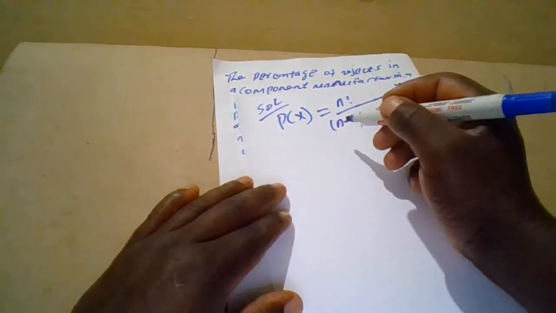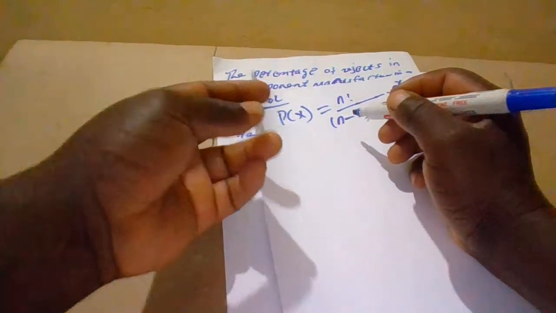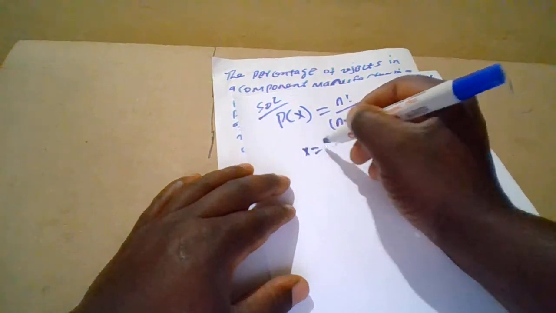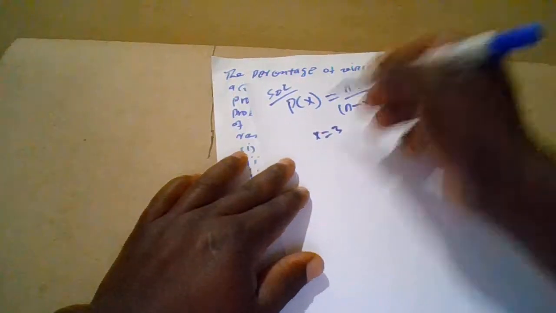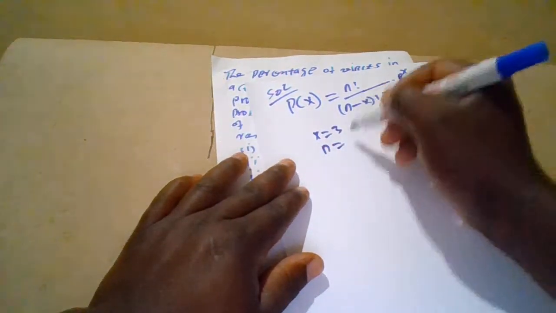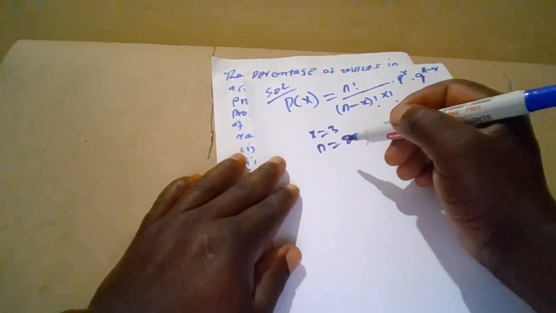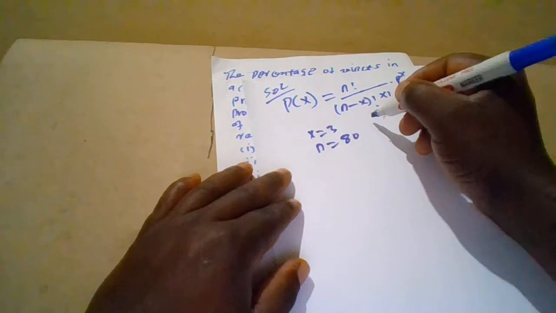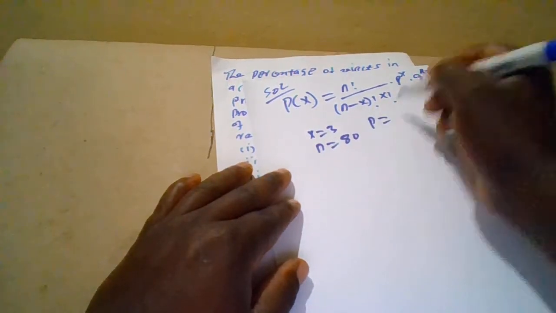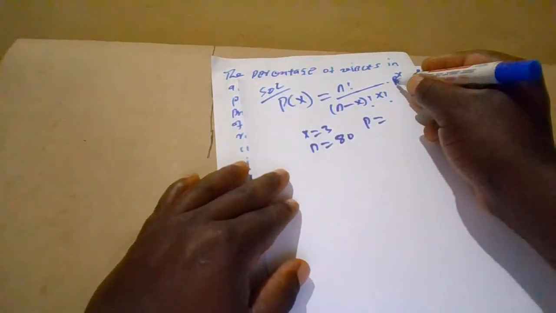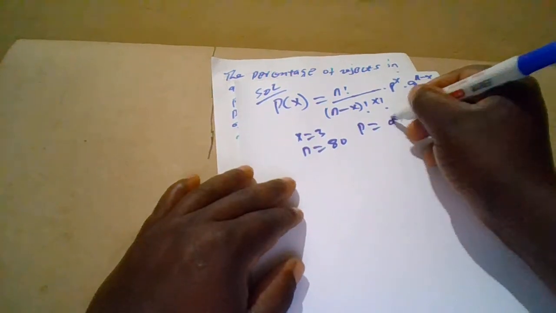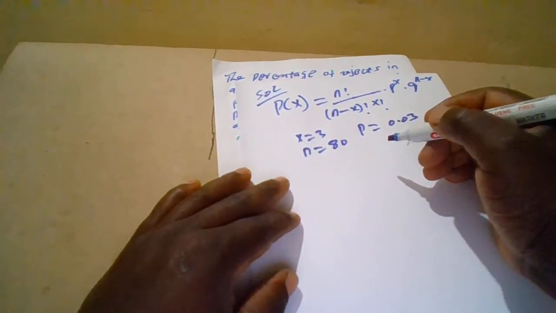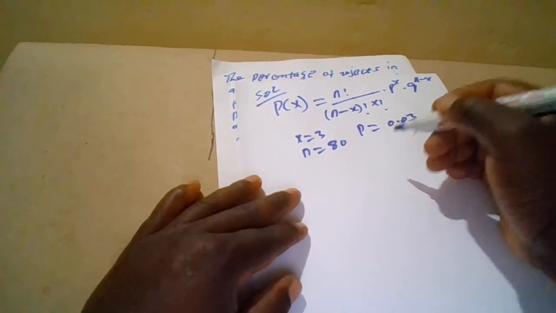From part 1, exactly 3 are rejected, it means that x equals 3. Then n equals 80, and p equals 0.03, that is the probability of success.